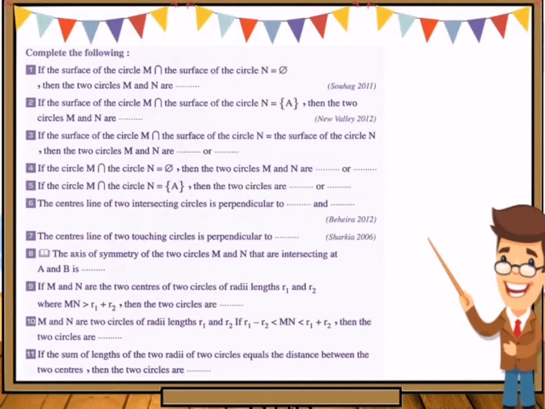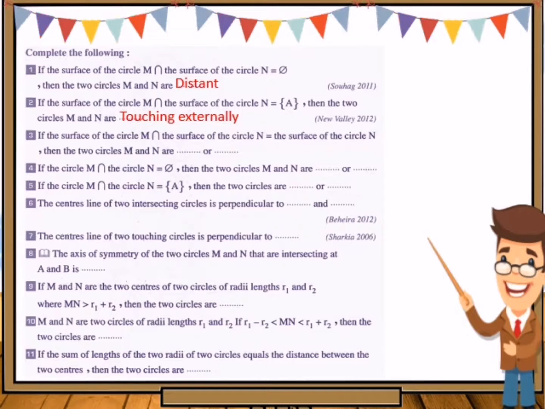Another question, complete the following. Question number 1. If the surface of circle M intersect the surface of circle N equals phi, in this case the two circles M and N are distant. Number 2. If the surface of circle M intersects the surface of circle N equals A, in this case the circles M and N are touching externally.